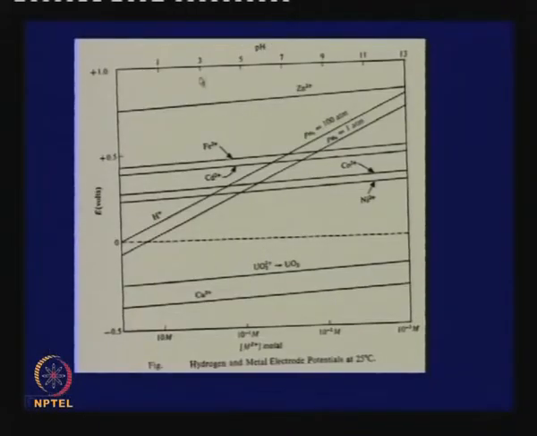And then finally, we have got a plot which shows the variation of potential with metal ion concentration for various values of pH2 and various values of pH.